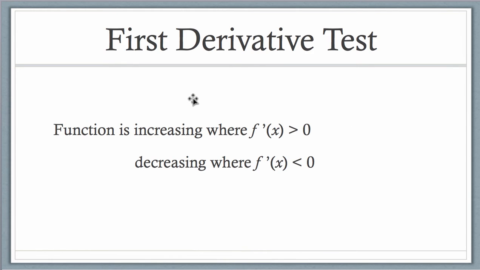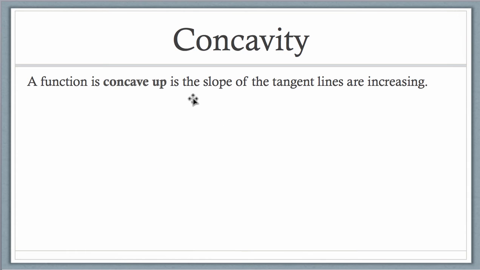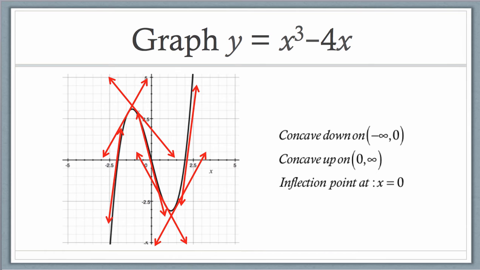In the first derivative test, we discussed that a function is increasing where its first derivative is positive and decreasing where its first derivative is negative. So a function is concave up if the slope of the tangent lines are increasing. So like we see here, here's our point of inflection. Our tangent lines are increasing where I'm concave up.